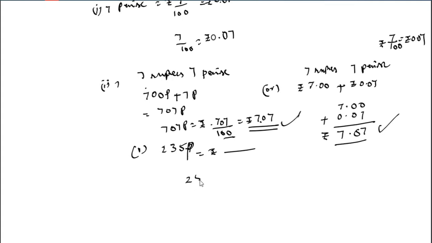Divide 235 by 100. Write the numerator 235. The denominator has 2 zeros, so count 2 digits from the right-hand side, 1, 2, and immediately put the decimal point. That means 2.35 rupees. Like that we can convert.